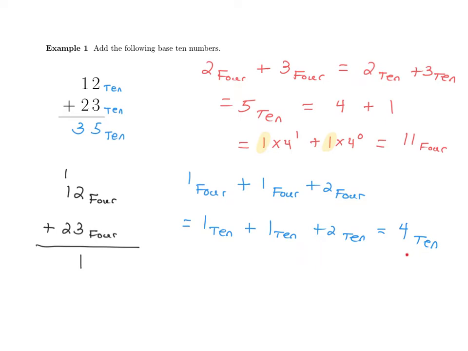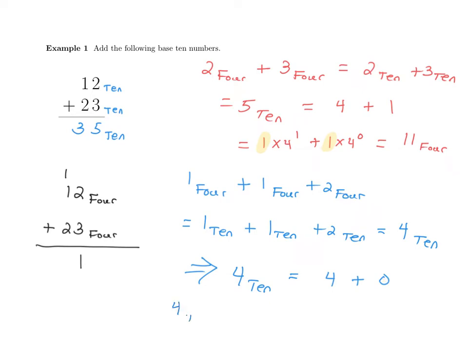However, you want to convert that back to base 4 and then write that number here. So if we have 4 base 10, how can I write that as a base 4 number? Well, you can write 4 as 4 plus 0. I'll treat this as 4 to the first and put a 1 in front of it, and then I'll put a 4 to the 0 after this 0 here.